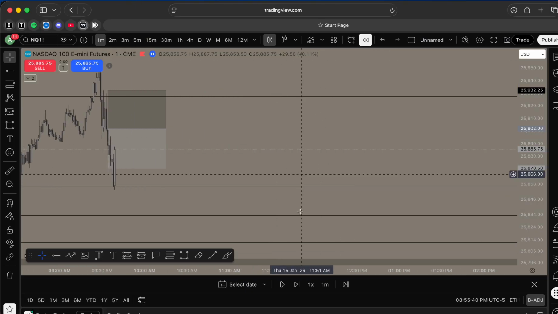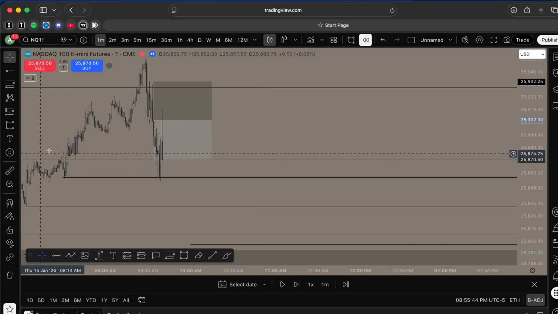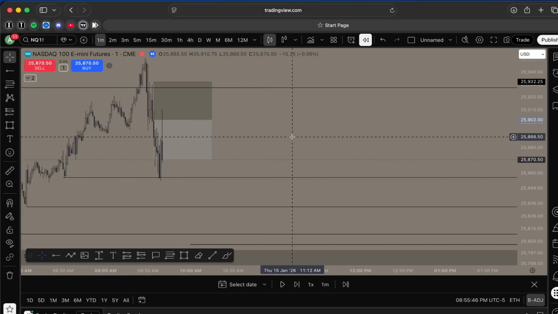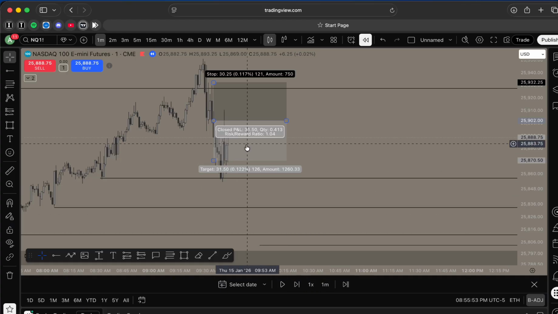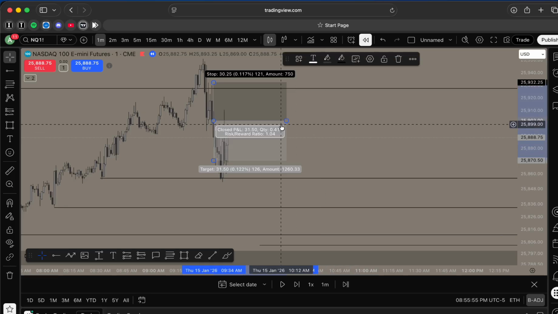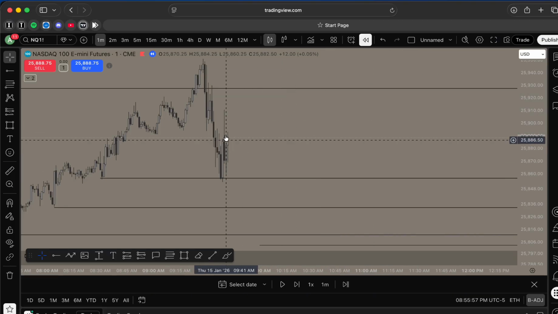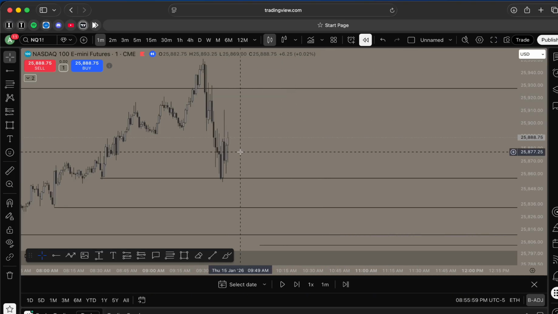So instead, I'm watching this, and like I said, we have SMT with all these lows right here. This candle closes bearish, next candle opens bullish. As this candle closed, I was looking to take a long, but I actually did not take a long, so I just watched this play out.